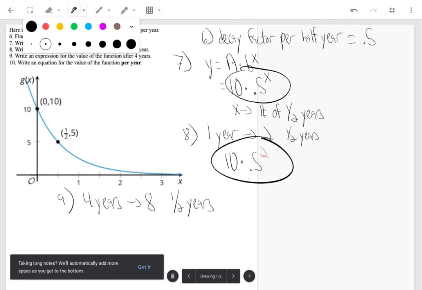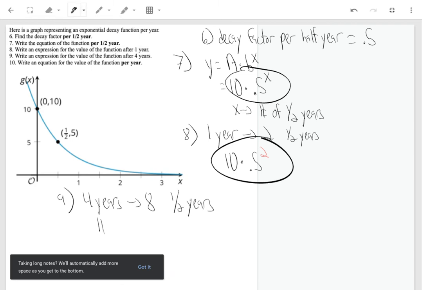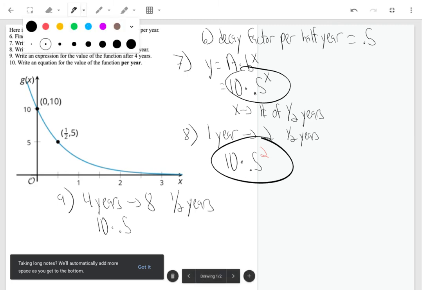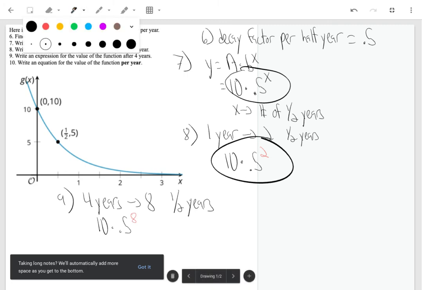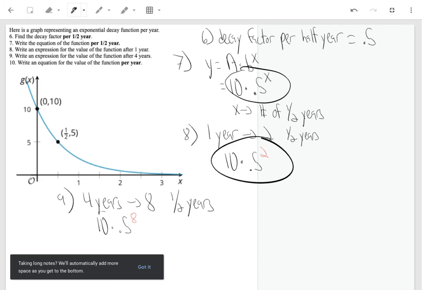So I'm going to do the same thing I just did, 10 times a half, but instead of to the power of 2, it's going to be to the power of 8. 4 years is the same as 8 half years. So 10 times 0.5 to the power of 8.